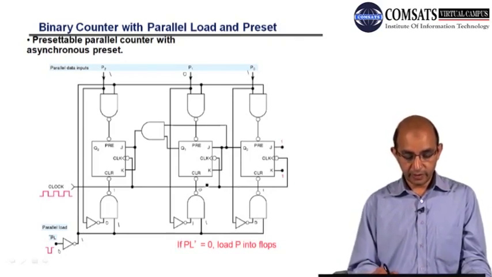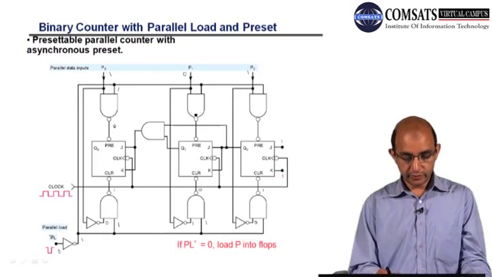So here we have a clear, and this is 1. No preset, so here we have a 0. As a result of this 0, I will be having 1, so it means preset.